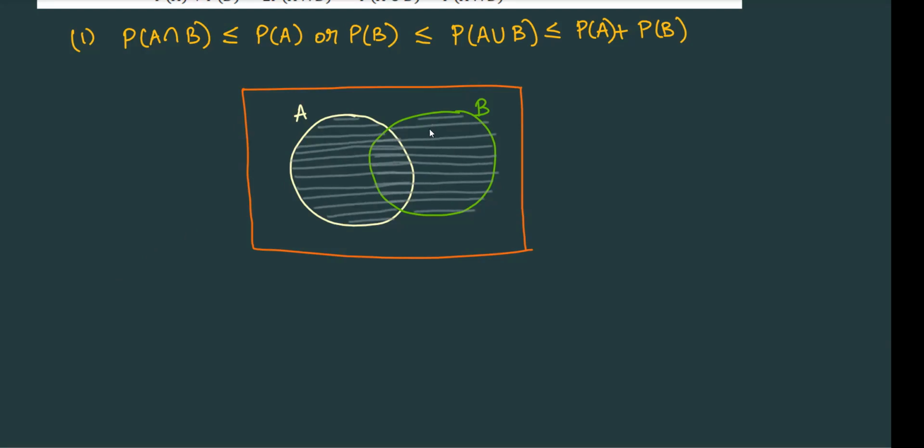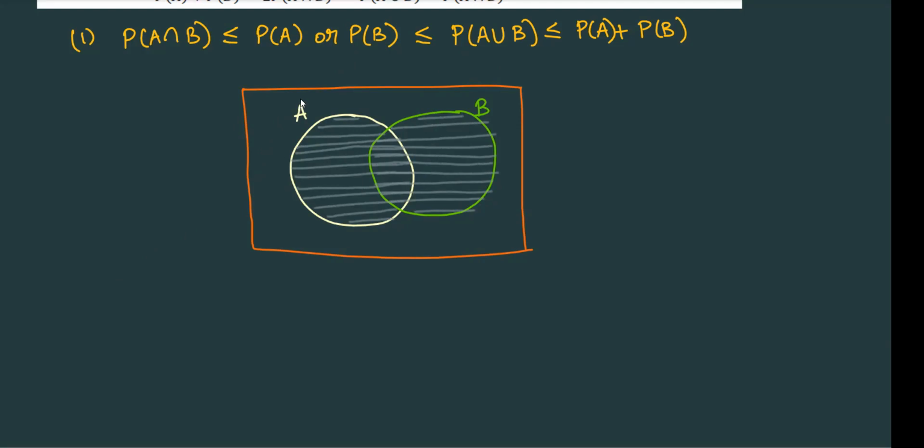Now, naturally, P of A or P of B will be less than this. These two will be equal only when they overlap, when A and B completely overlap each other. So only then this will be equal.